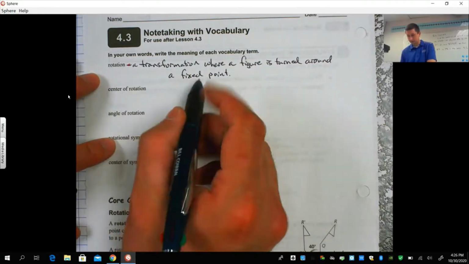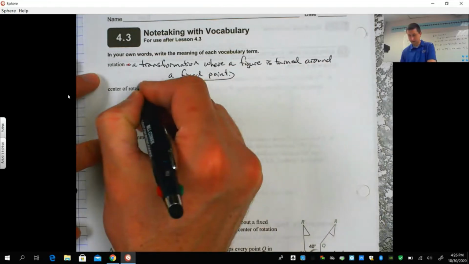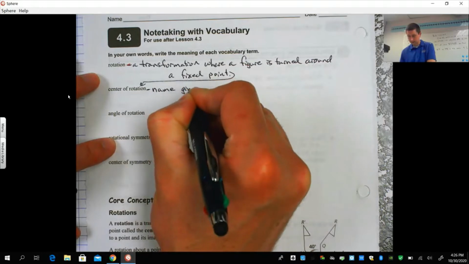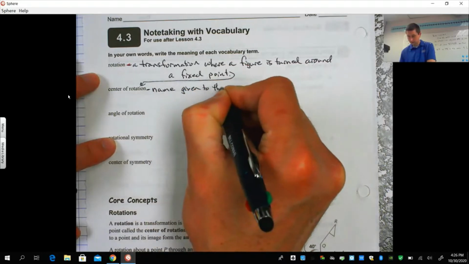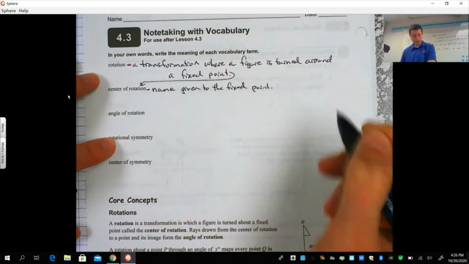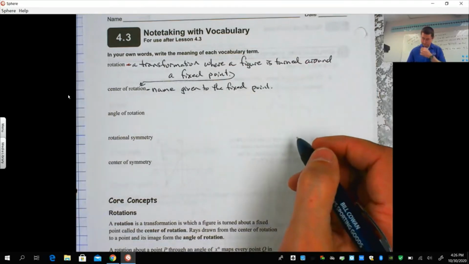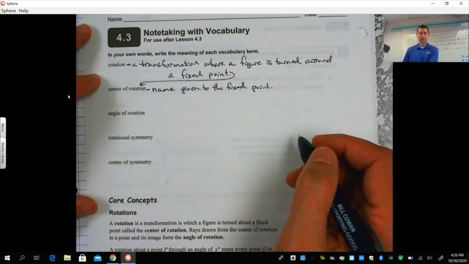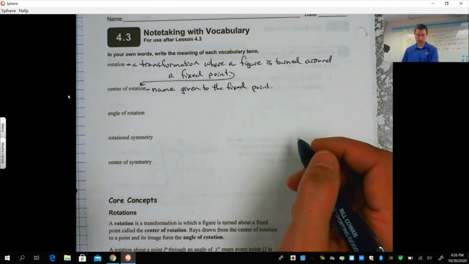That fixed point is called the center of rotation. This is the name given to the fixed point. So think of a fan: the hub right there in the middle of the fan would be the center of rotation.